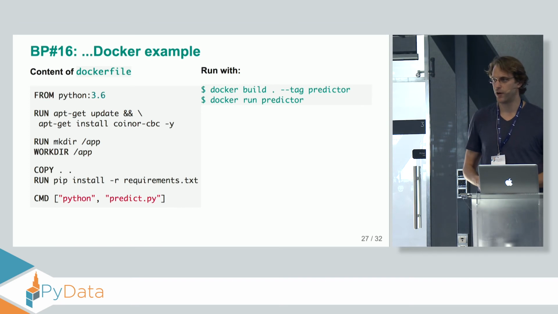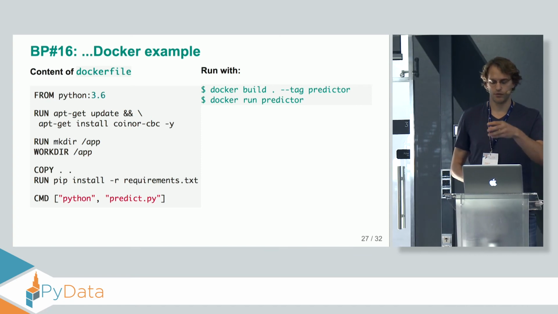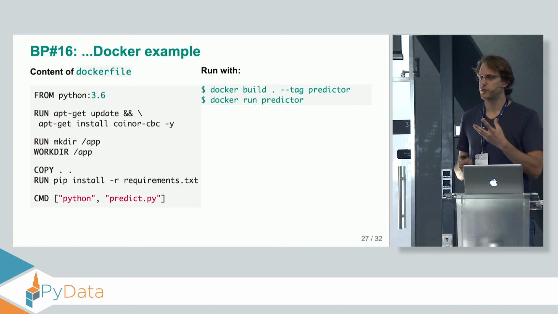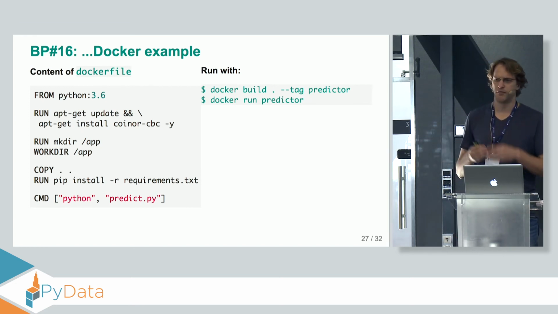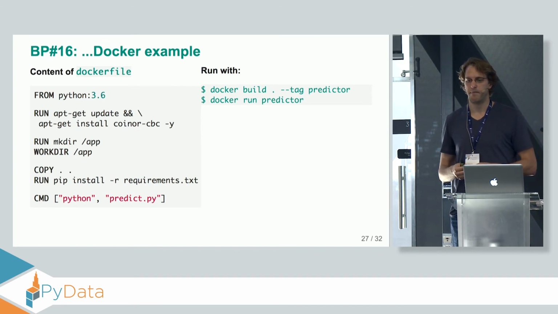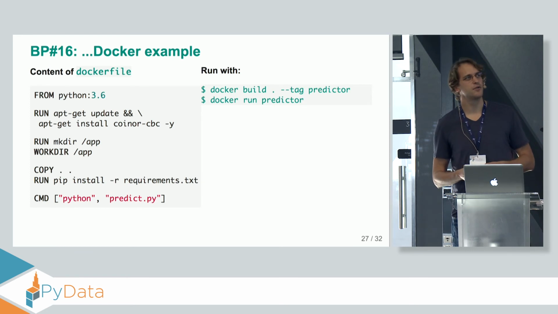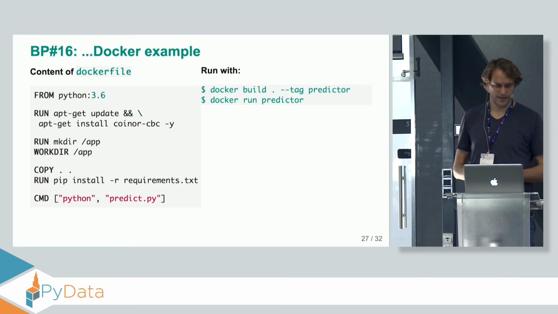On the left, we see a Dockerfile where you define your Docker image, which is kind of like a very lightweight virtual machine. You define which base image it derives from. In this case, I chose Python 3.6, which again derives from, I think, Debian.